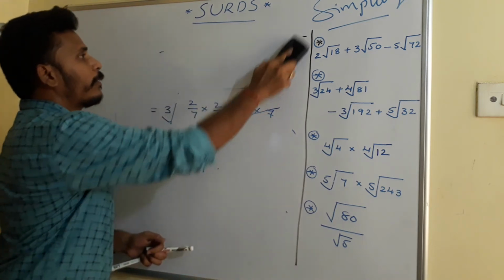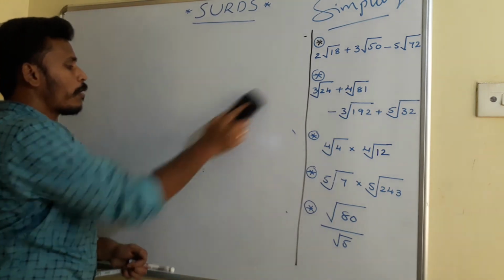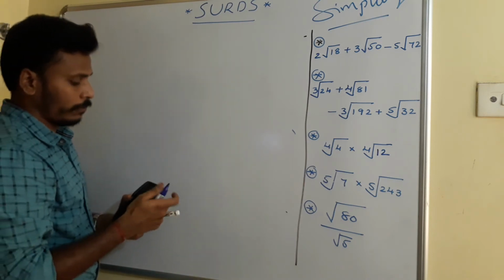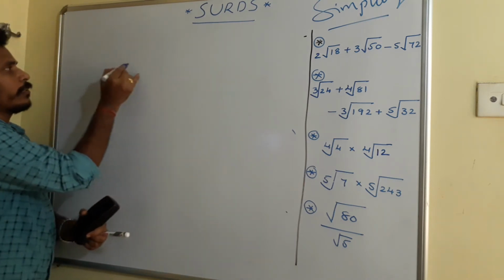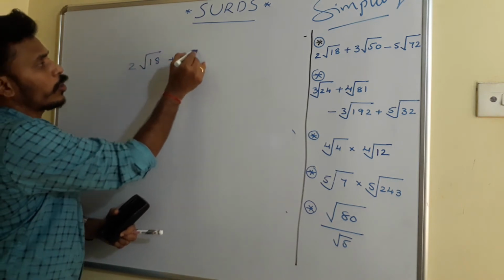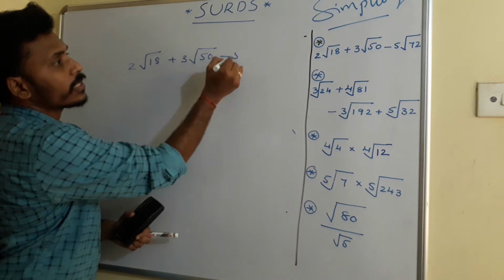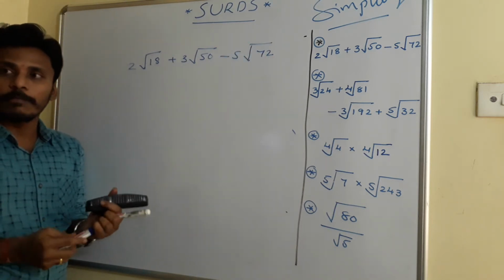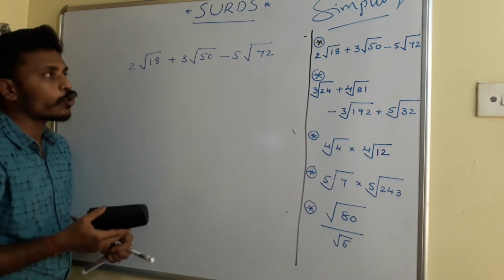Now if you look, the next problem I mentioned here is 2 root 18 plus 3 root 50 minus 5 root 72, and they ask us to find the simplified value for this one. How to simplify?